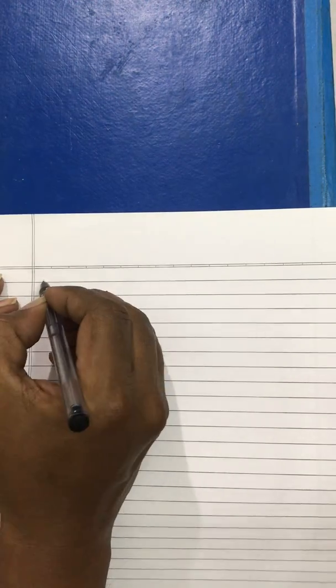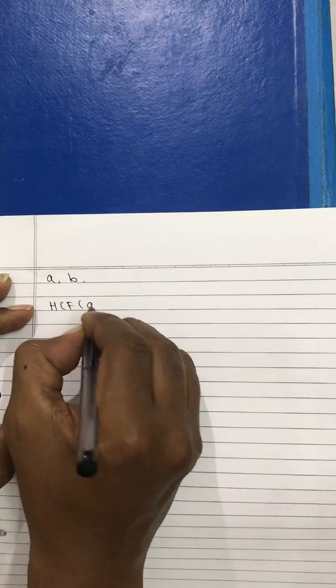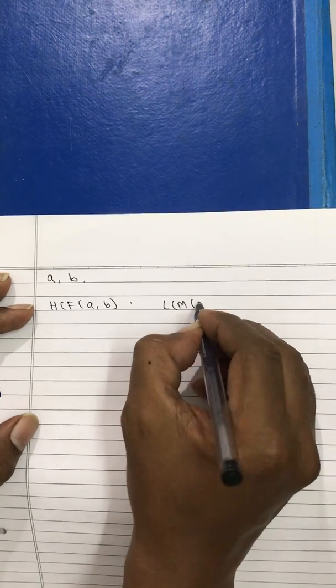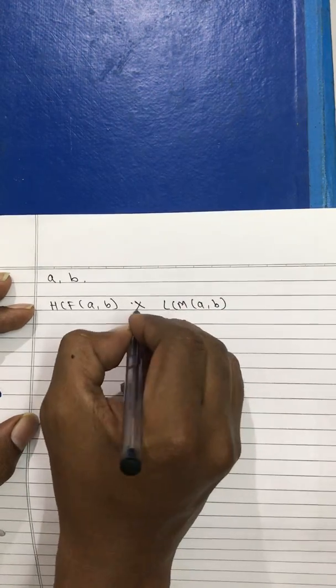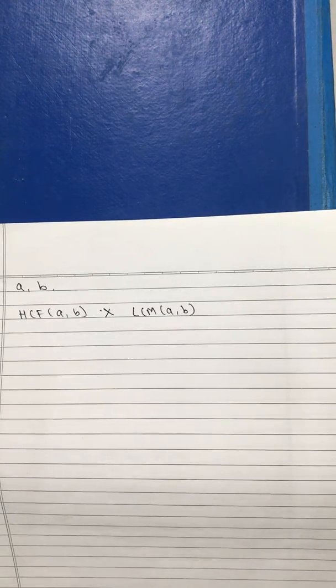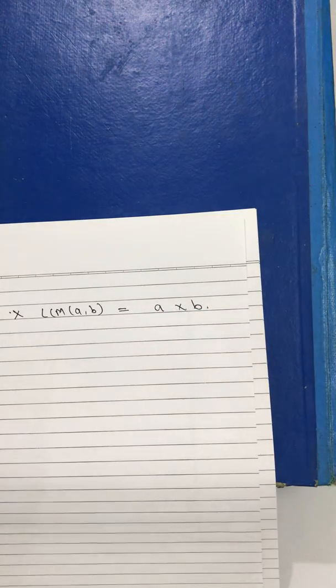See, my dear students, if A and B are two numbers, then HCF of A and B and LCM of A and B, if I multiply these, the product will be equal to the product of the numbers themselves.